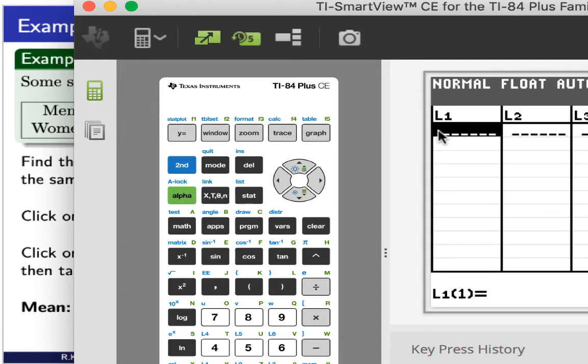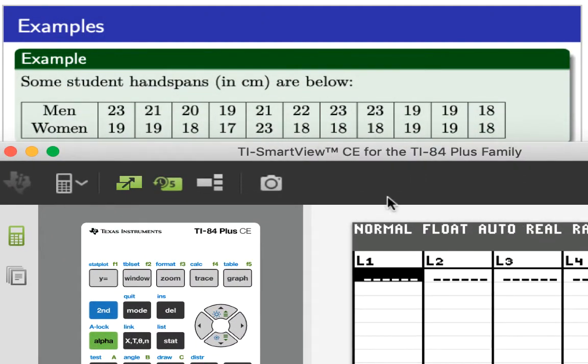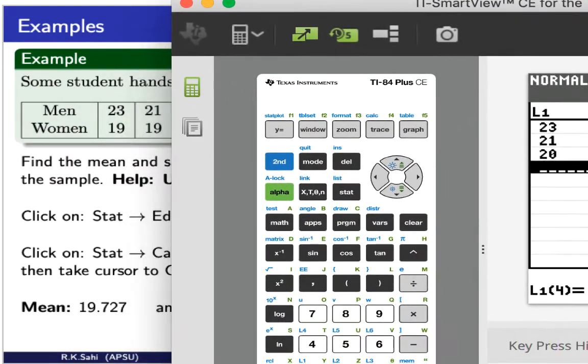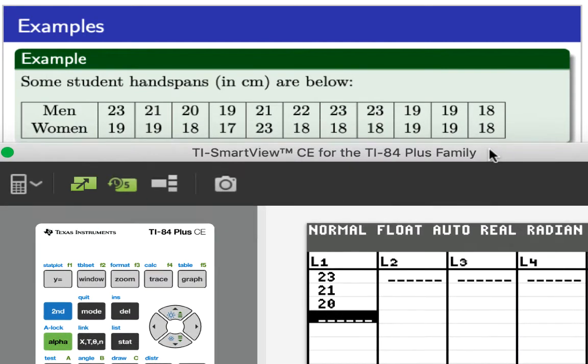So here I'm going to plug in. Right now it's already clean for me. The values I'm going to plug in over here, guys, are: 23, enter, 21, enter, 20, enter, 20, enter.